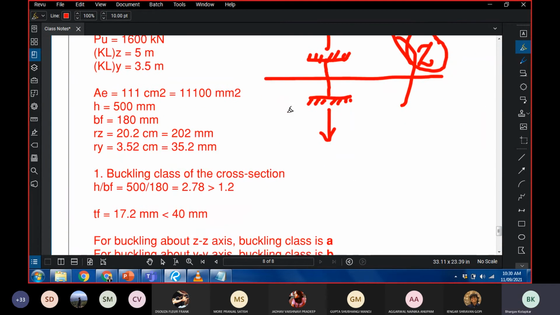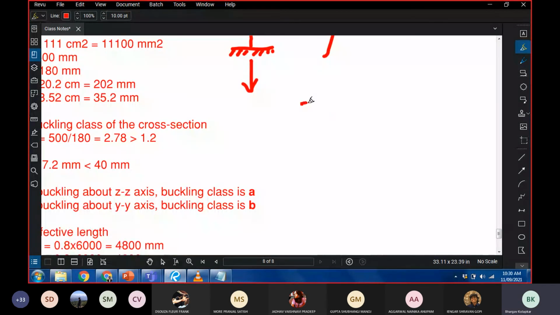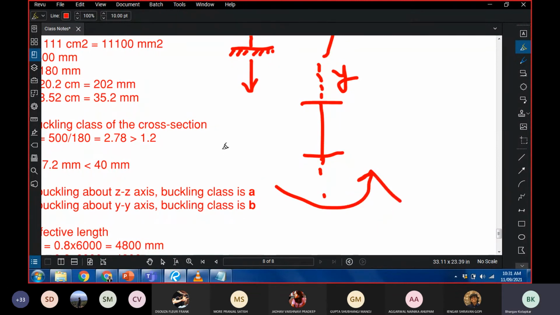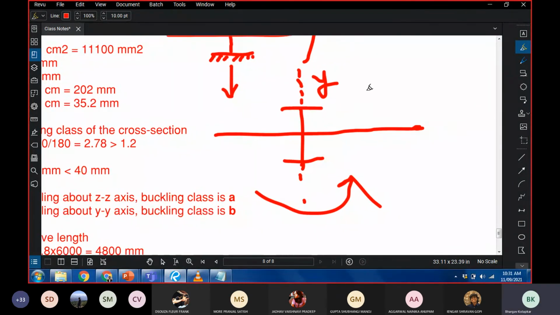Now, when we are talking about bending about Y direction, so this is our Y direction, and we are talking about bending about Y axis. In that case, the framing in this direction, or the kind of beam that is framing here, or the kind of connection that the column has in this direction, governs the effective length in Y direction.